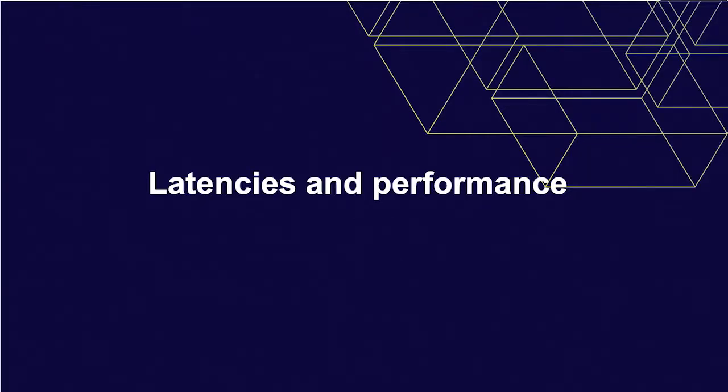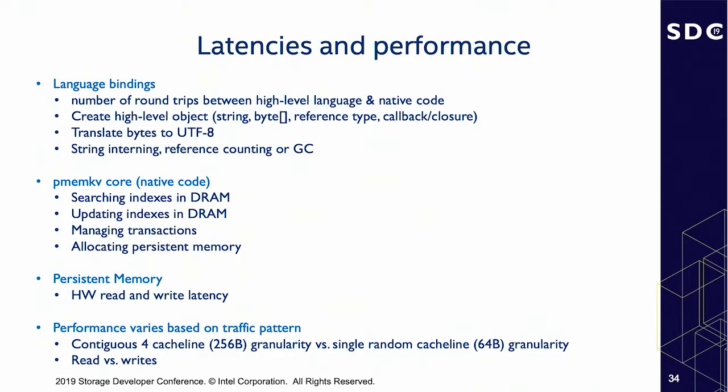So talking about performance, we've really spent a lot of time trying to think this through and get the performance to be as good as we can. Probably the biggest thing that we've done is to try and limit the number of round trips that you make between higher level languages and our implementation. It's those transitions, like in Java, the JNI transitions are what kill you, right?